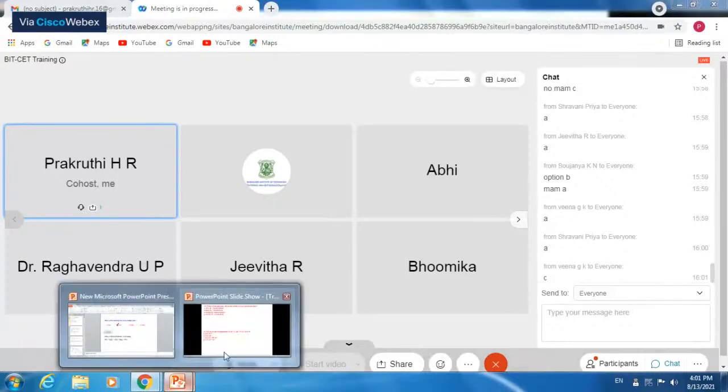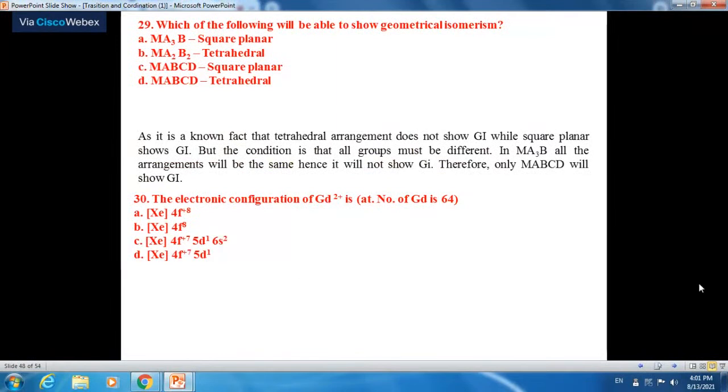Let's check the answer. It is a known fact that a tetrahedral arrangement does not show geometrical isomerism, based on symmetry, while square planar shows geometrical isomerism.